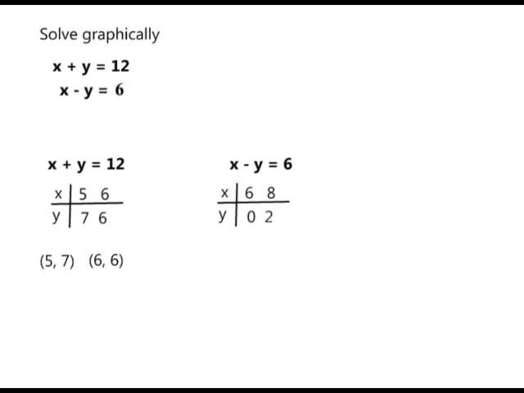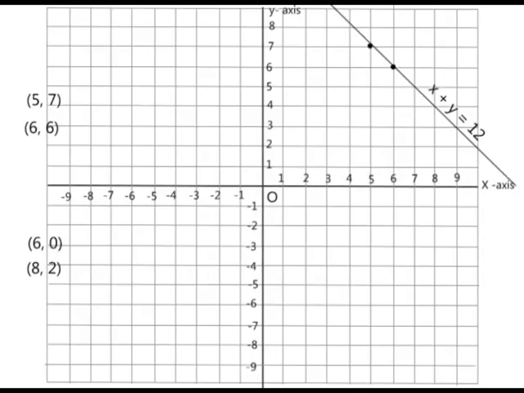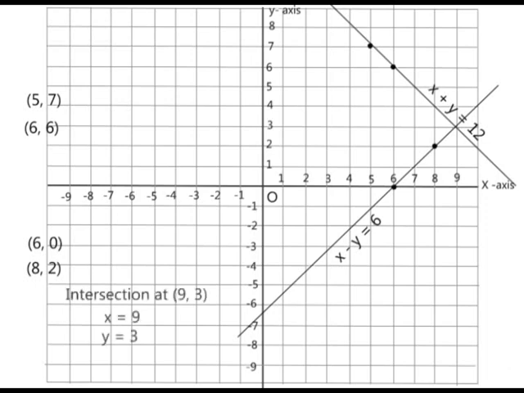So I have the next two points, (6, 0) and (8, 2). I plot the points and then I draw that line. That graph is x minus y equals 6. The two graphs intersect at (9, 3), and therefore x is equal to 9 and y is equal to 3. That is the solution of the simultaneous linear equations.